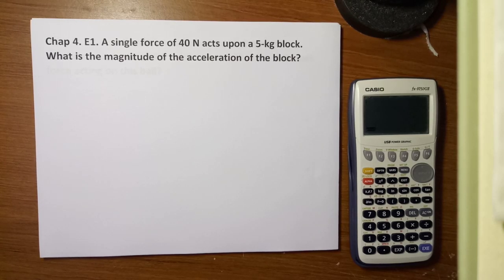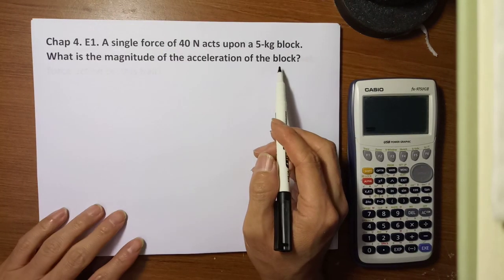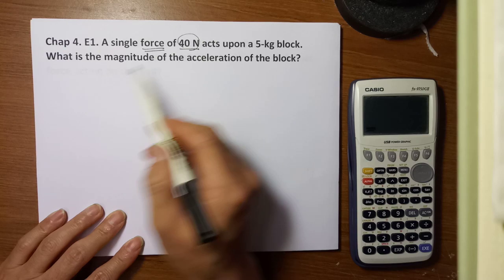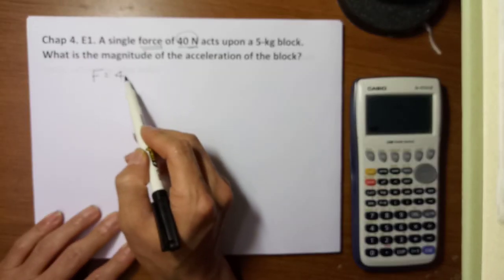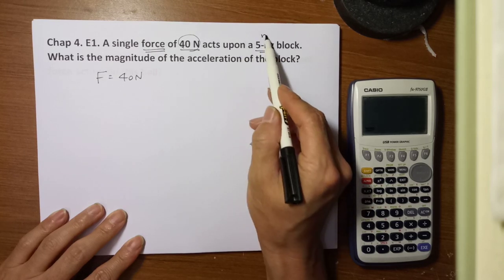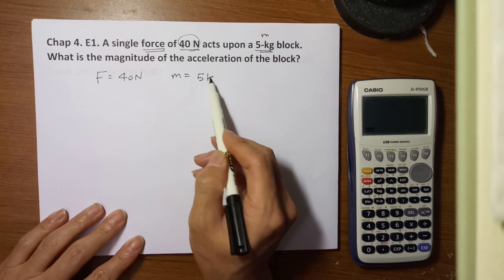Let's start from chapter 4, E1. A single force of 40 Newton acts upon a 5 kilogram box. What is the magnitude of acceleration of this block? So this force is 40 Newton, which means F equals 40 Newton, and mass M equals 5 kilogram.